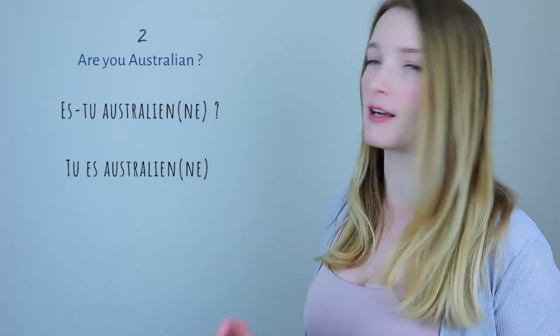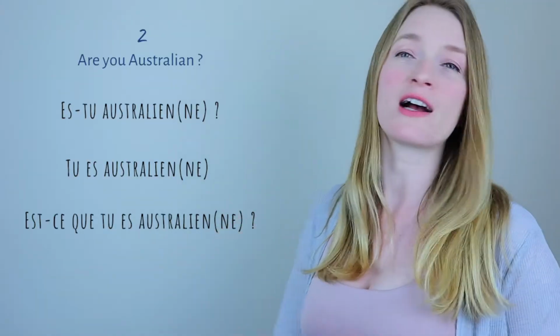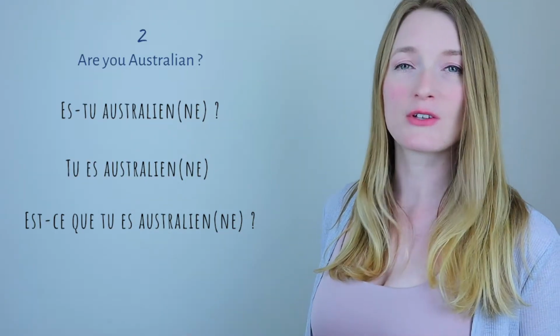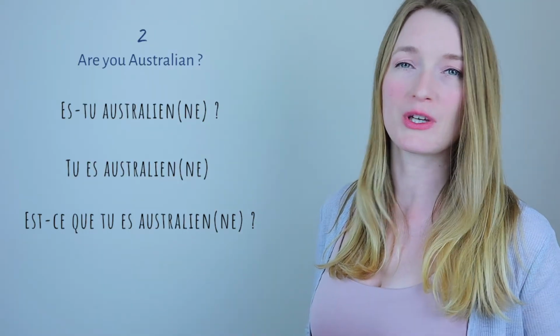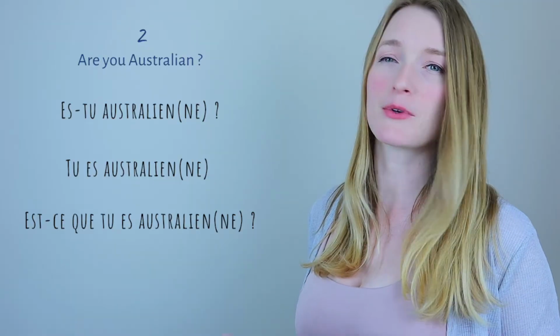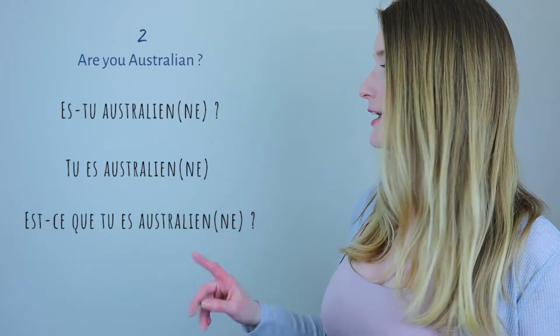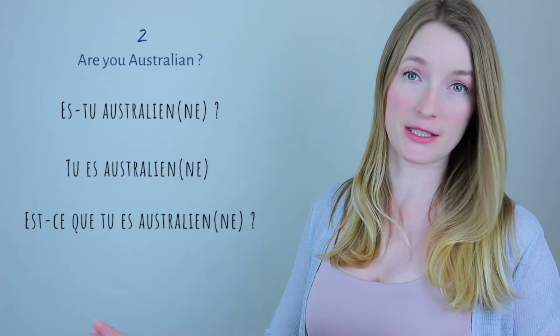Tu es australien, tu es australienne. And then we just need to add the est-ce que. Est-ce que tu es australien? Est-ce que tu es australienne? Also, I forgot to say that, but stay until the end because I'm going to teach you how to pronounce est-ce que like a French native speaker, so for fast speech.